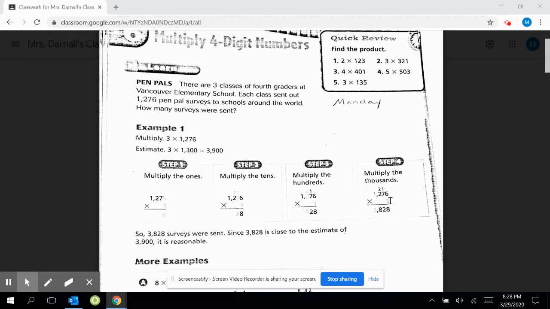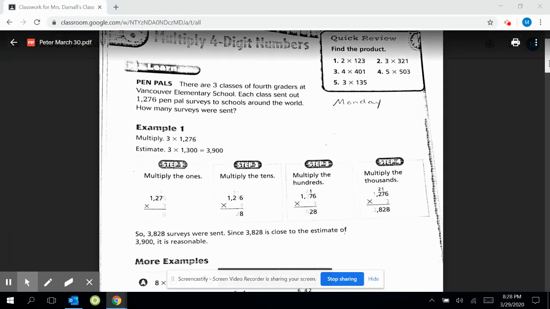Now we take 3 times the thousands. We multiply the thousands. And 3 times 1 is what? 3 times 1 is 3. And there aren't any more to add in. So we just write down our answer, and our answer is 3,828.